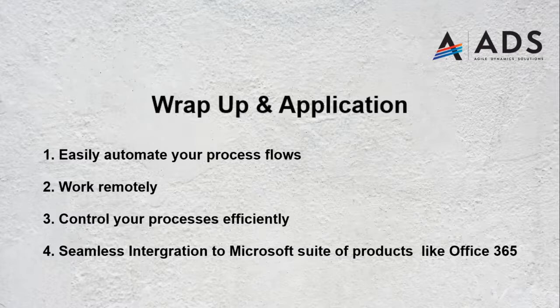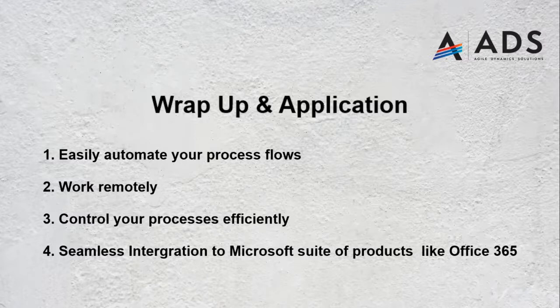1. From the demonstrations, you can automate the purchasing process flow easily, thereby increasing your efficiency and productivity. 2. You can perform your approval remotely using your mobile devices like handphones, tablets, and etc. 3.